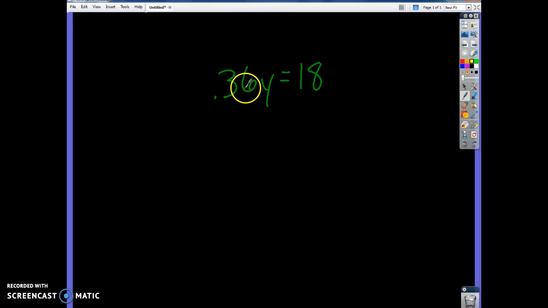So this is just all about opposite operations. I will divide by 36 hundredths. In order to maintain my equality on both sides of the equal sign, I must also divide this side by 36 hundredths. I'm going to bring my equal sign straight down and put my answers to these two problems here.